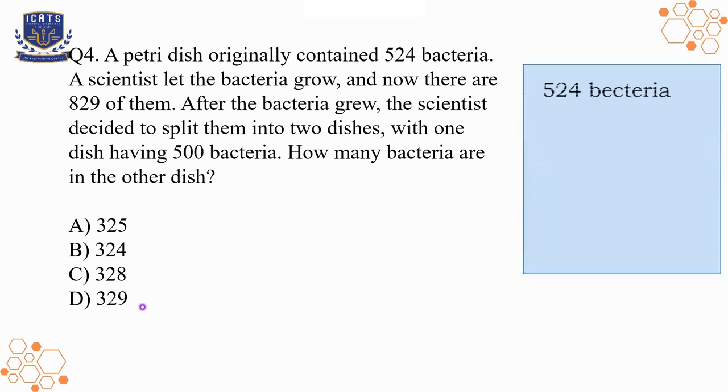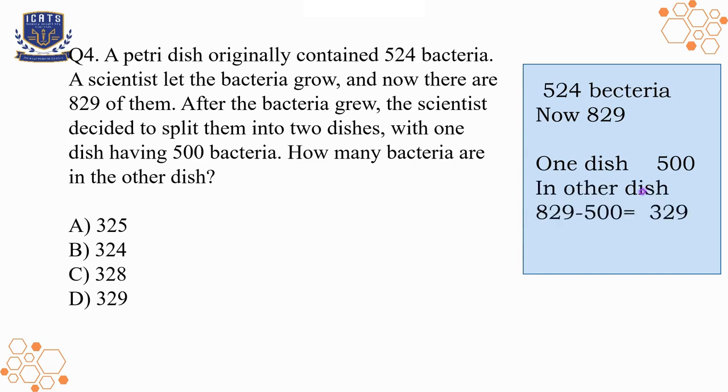Originally there were 529 bacteria, but after some time the number of bacteria is 829. Now, in one petri dish there are 500 bacteria. We have to find out how many bacteria are in the other dish. To find that out, we will simply subtract 500 from 829. The remaining number is 329. So we will choose option D here.